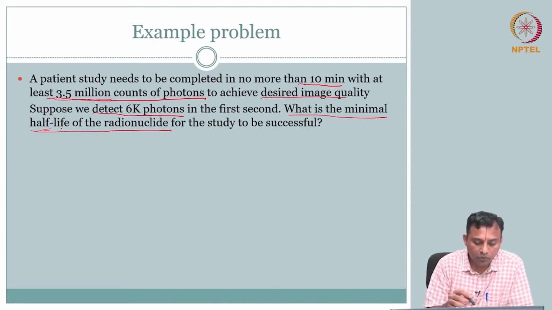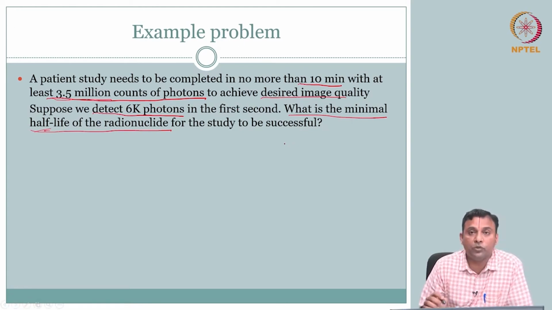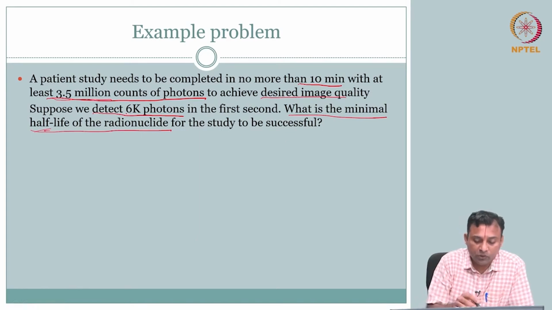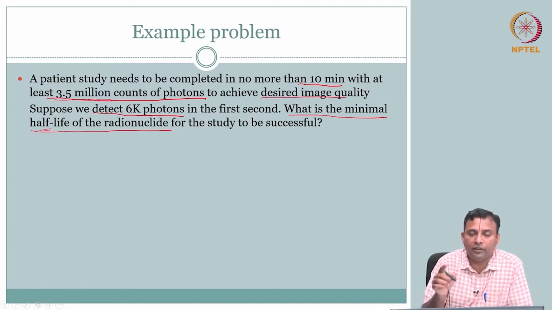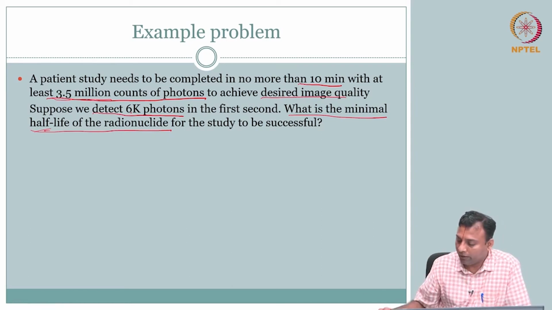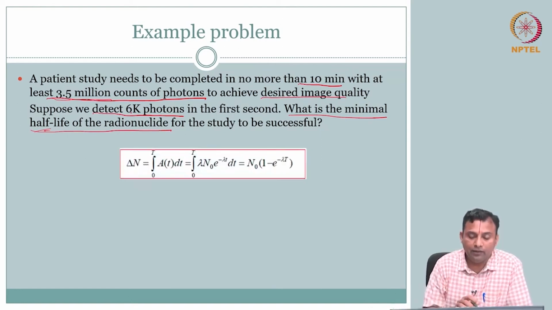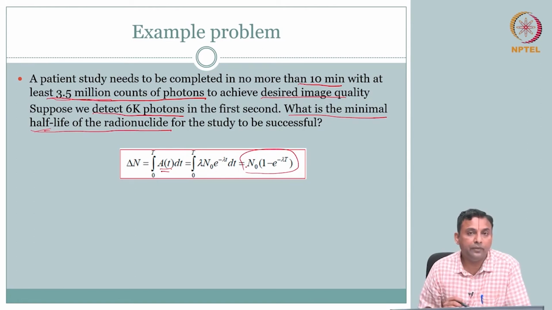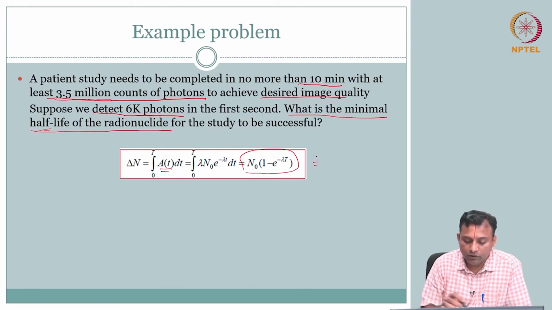Well, looking at it, you are given some information here. Within the first second I have 6000. So this is 6000 photons after radioactivity accumulated over 1 second. So you can get your delta n accumulated over 1 second. This is your radioactivity, so you have your lambda n naught e power minus lambda t from your previous slide.